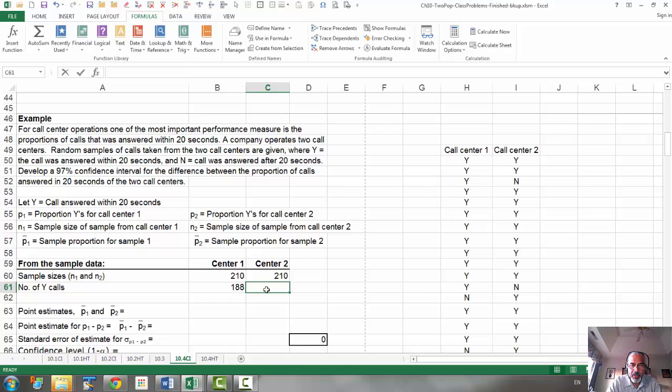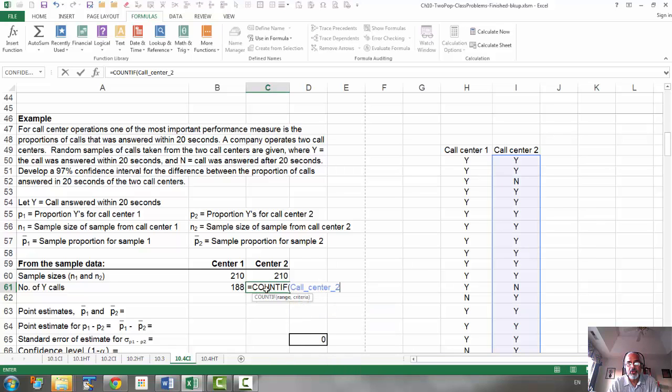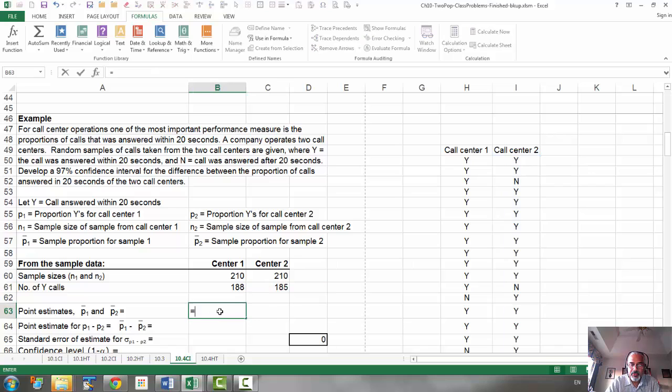Do the same here. Use COUNTIF. Now use call center 2 and then Y. Now the point estimates would be the number of Y calls divided by the sample size.